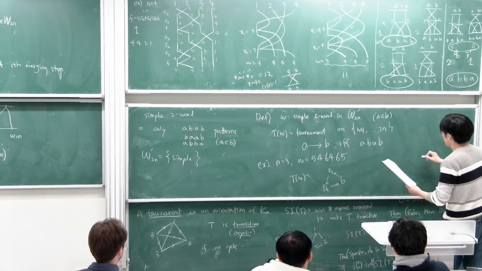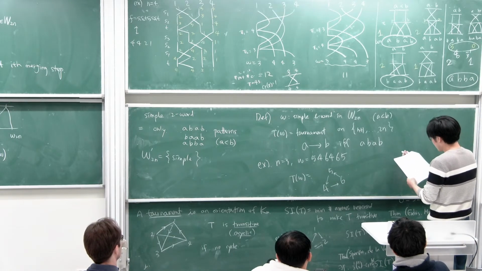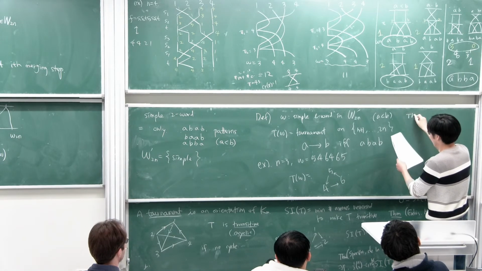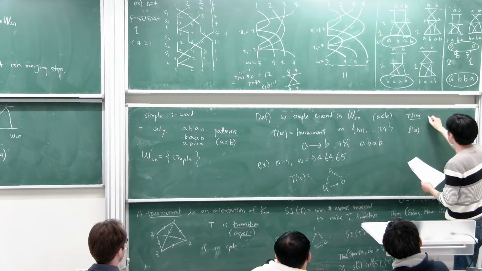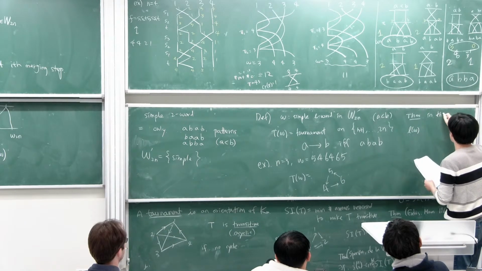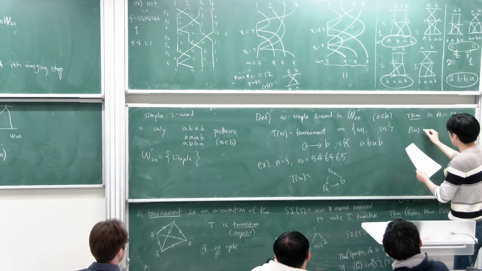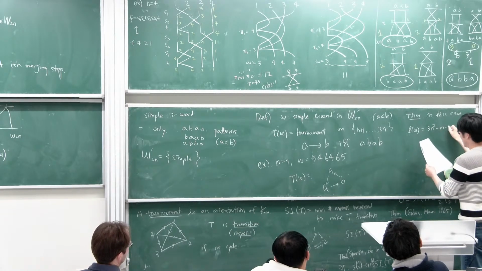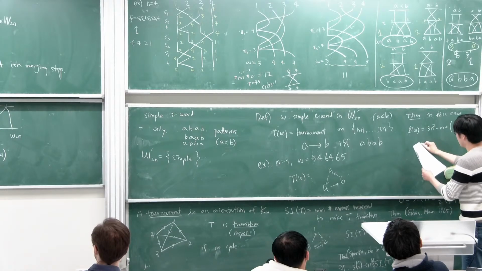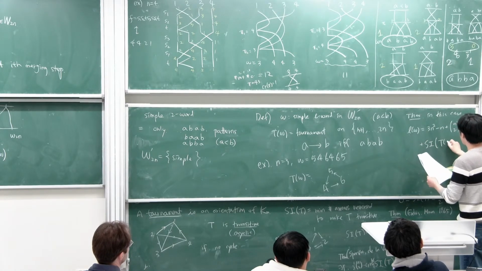And the theorem is that in this case, the length is 3n squared minus n plus n choose 2 plus the Slater index of T of W.